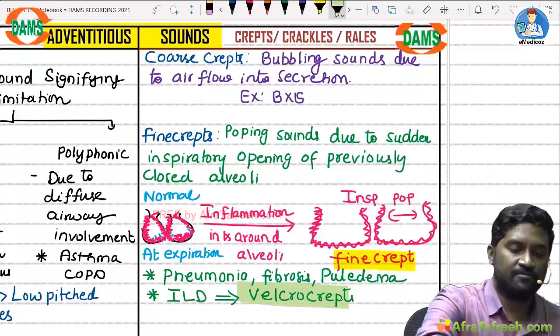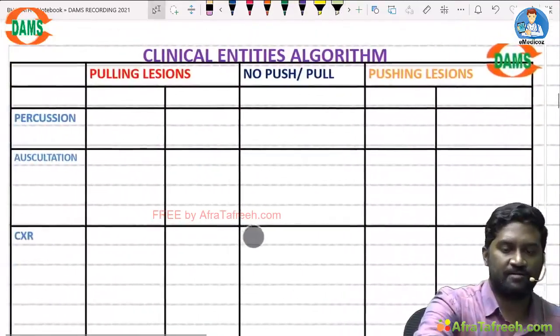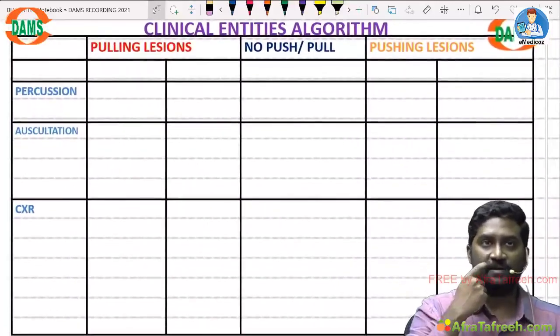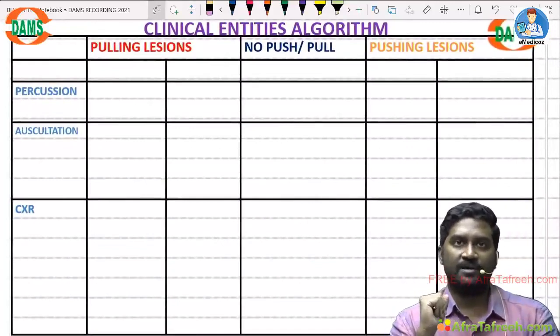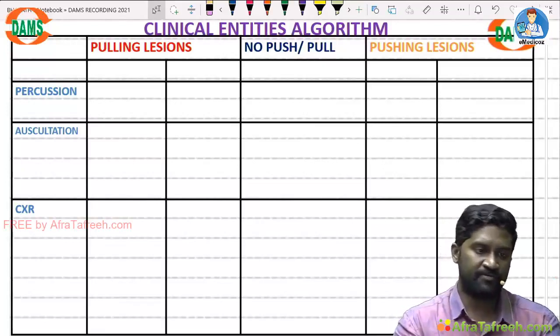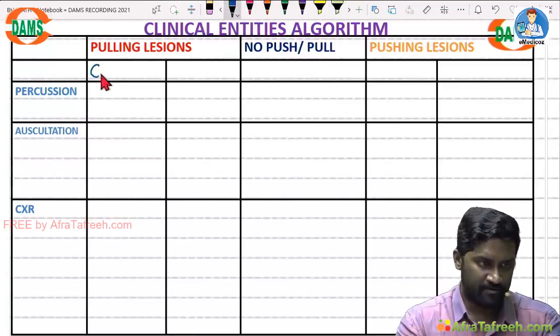Now with this background, let us see clinical entities in respiratory medicine. The clinical entities can be divided into pulling lesions, pushing lesions, and in between we have no push, no pull. What are the pulling lesions that we have come across previously?